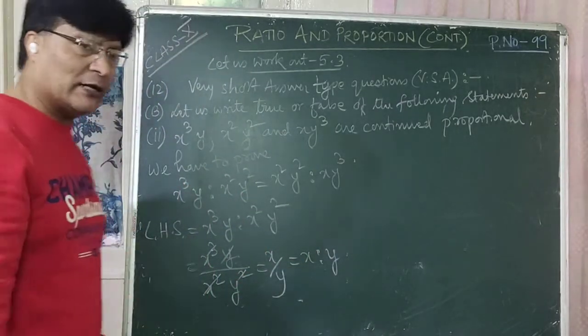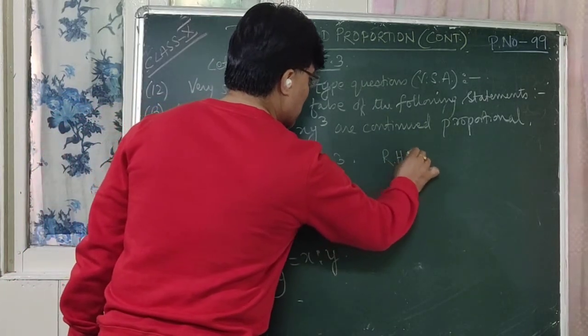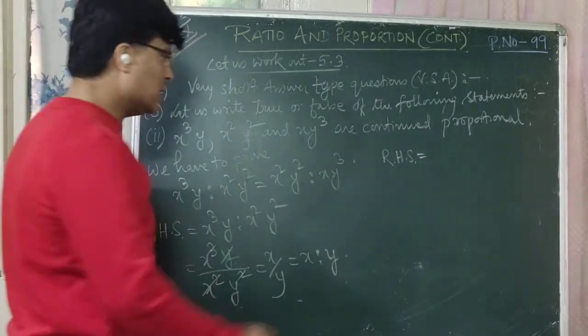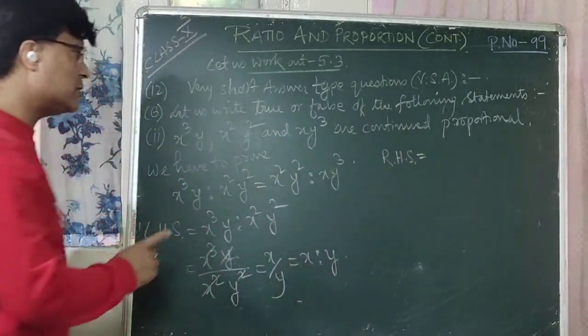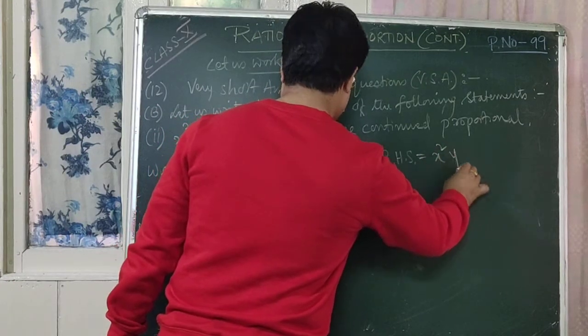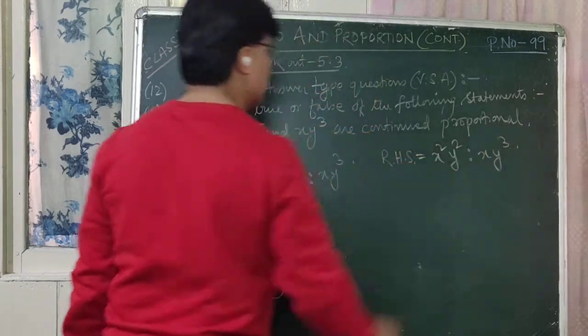So let us find out the right hand side. So what is RHS now? RHS is x square y square is to xy cube, right?